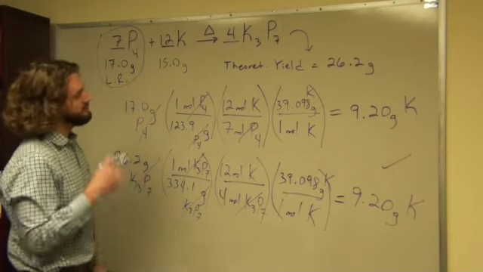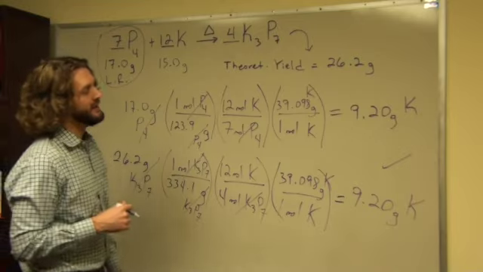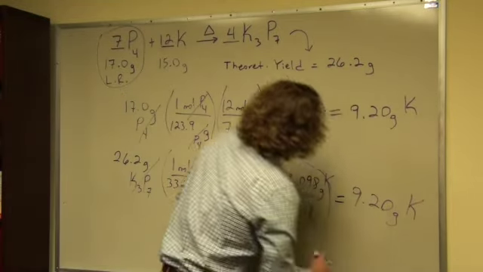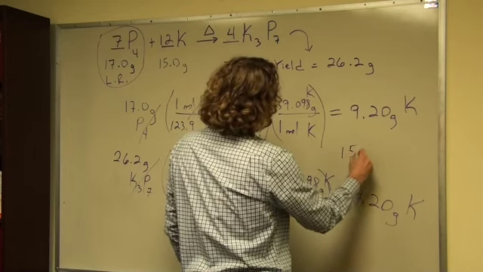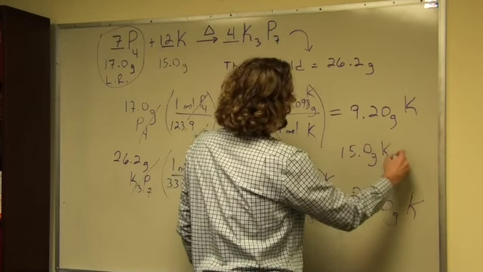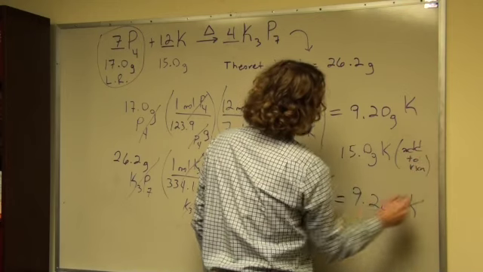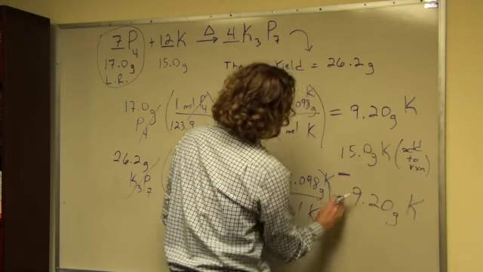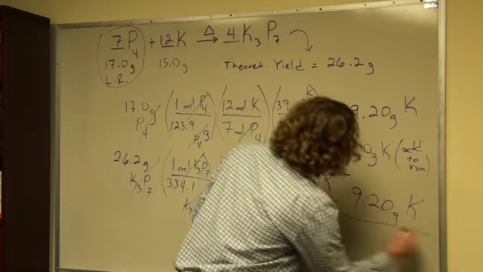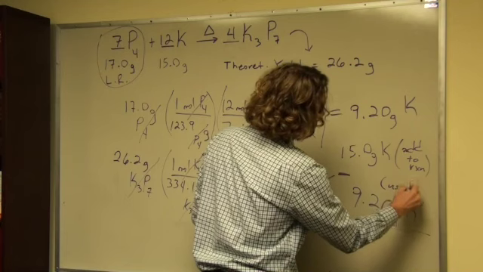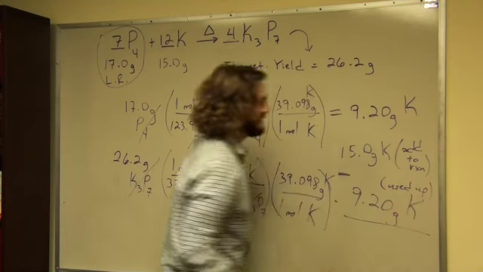So now, to find the excess, it's just one easy step, okay? What I'm going to do is take the 15 grams of K added to the reaction, and subtract from it the 9.2 grams of potassium that was actually used in the reaction.